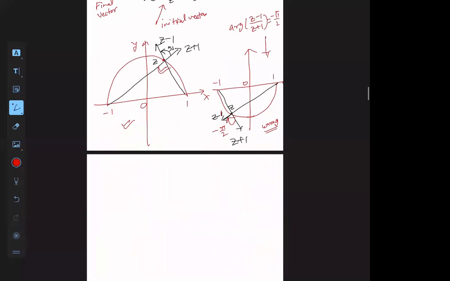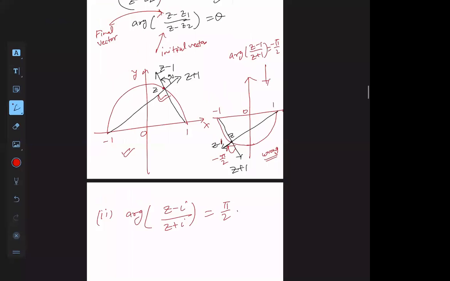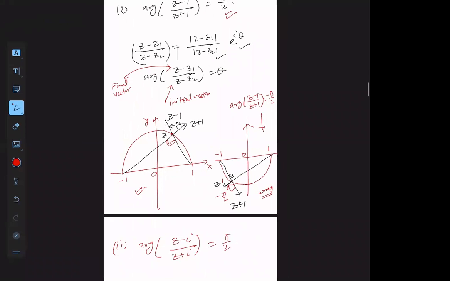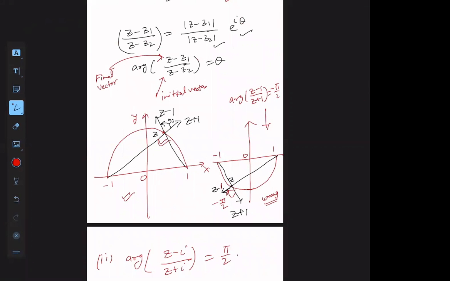now can you draw this diagram? I am giving you one example. z minus i upon z plus i is equal to pi by 2. Draw the diagram of this circle.